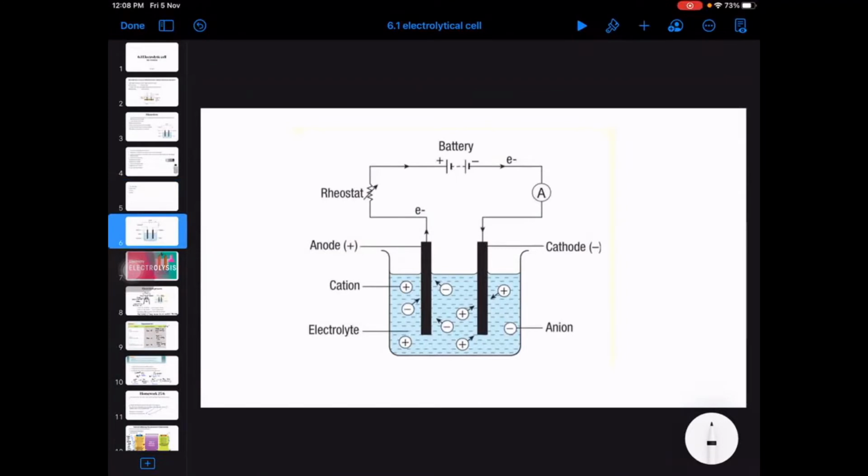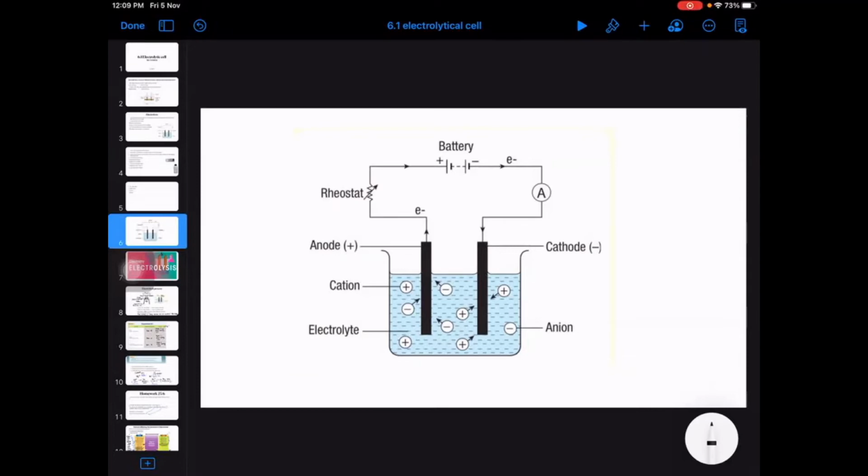So you learn the basics of electrolytic cells today. The battery provides electric current, so the electrons flow through the wires and go to the cathode and anode. It can also flow through the electrolyte, and then it can go back to the battery.